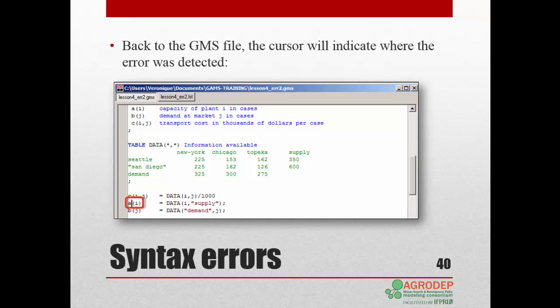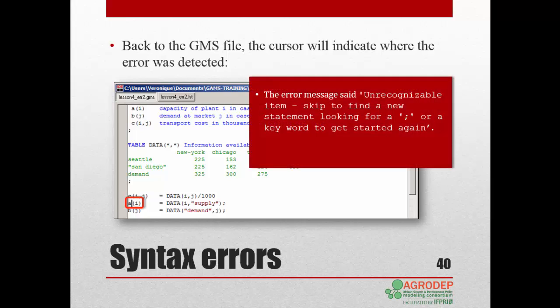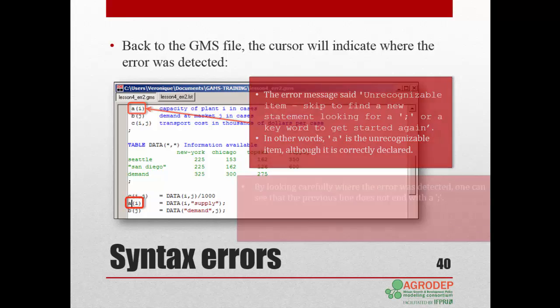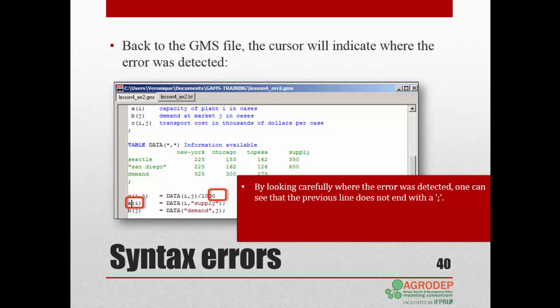Back in the GAMS file, the cursor points to where the error was detected, the parameter AI. The GAMS message indicates that GAMS did not recognize the item AI. Yet the item is correctly declared and the statement is correct. The GAMS message also suggests that a semicolon is missing. If you look closely, you will notice that a semicolon is missing in the previous statement.